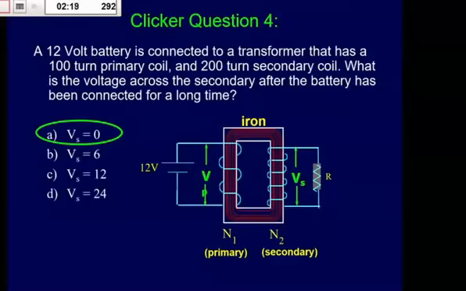It's not changing. This is one of the rationales for why AC is more useful for us: we can use it with a transformer, where DC you can't. In this case, it would just do nothing at all. There'd be a 0 voltage there.